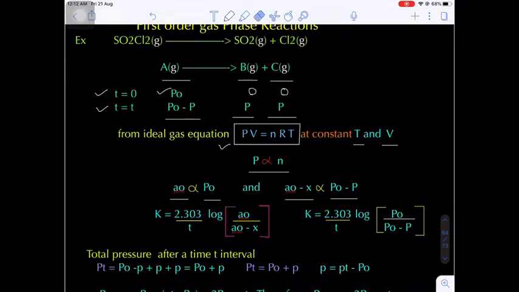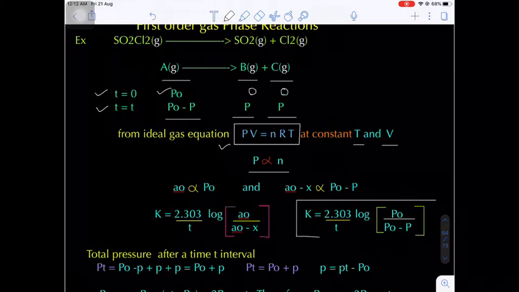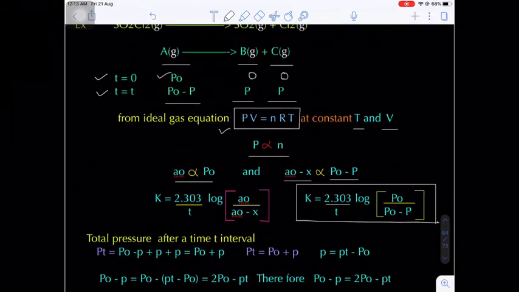K is equal to 2.303 divided by T log of A0 by A0 minus X. Now we use this expression in terms of partial pressure: K is equal to 2.303 by T log of P0 divided by P0 minus P. That is, the initial partial pressure of the reactant P0 in the numerator instead of A0, and the partial pressure of the reactant at the particular time interval T, P0 minus P, instead of A0 minus X.